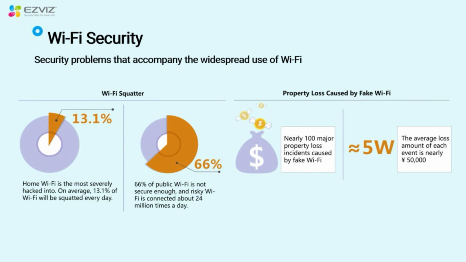On average, 13.1% of Wi-Fi will be squatted every day, and 66% of public Wi-Fi is not secure enough, and risky Wi-Fi is connected about 24 million times a day. Therefore, there are nearly 100 major property loss incidents caused by fake Wi-Fi. The average loss amount of each event is nearly 50,000 yuan.